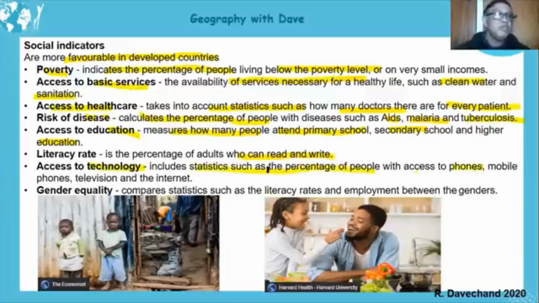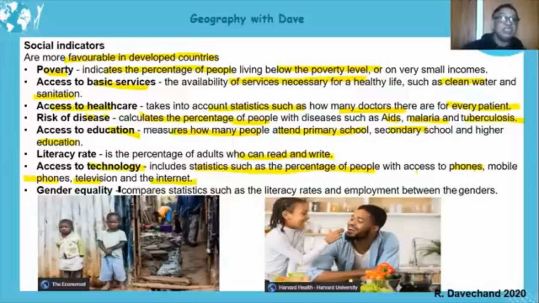Mobile phones, television, internet, all these things help you, whether it's with your studies. You noticed when COVID came, those who had internet facilities, etc., were able to learn online, compared to others, and the development was happening. And of course, it's lower in LEDCs.